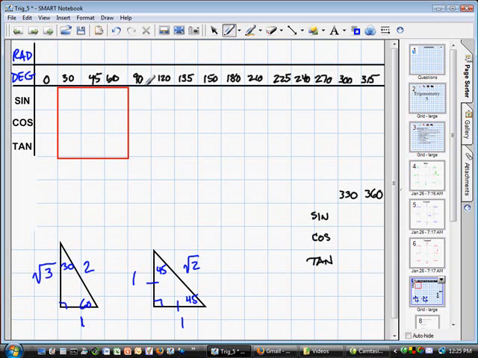I guess we should do our angles first. And we're to convert each of these degrees into radians. 0 is, of course, 0. And hopefully you remember 30 degrees is pi over 6.